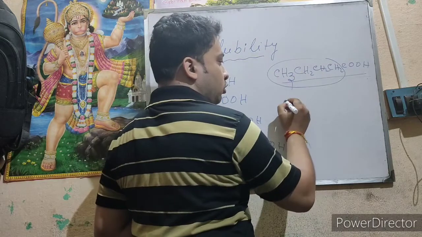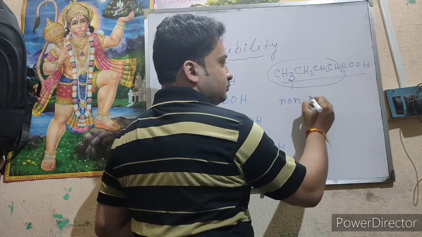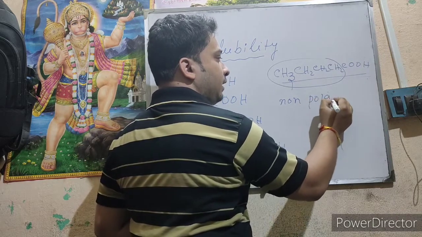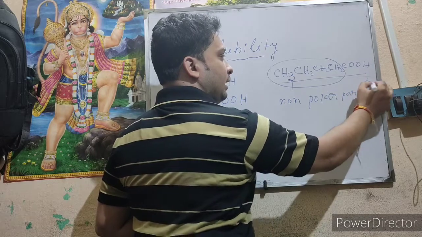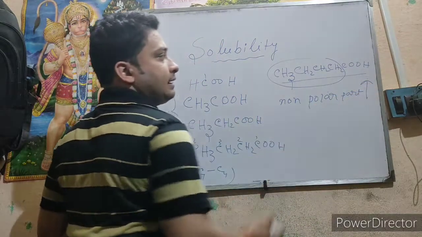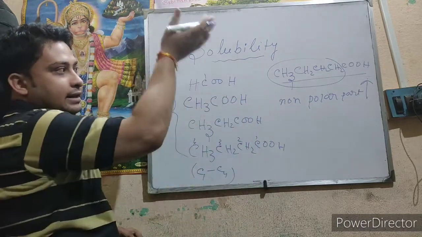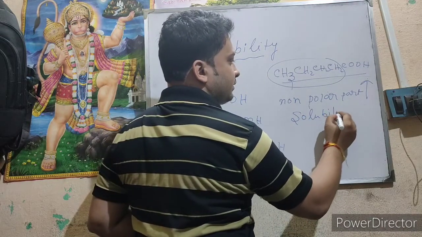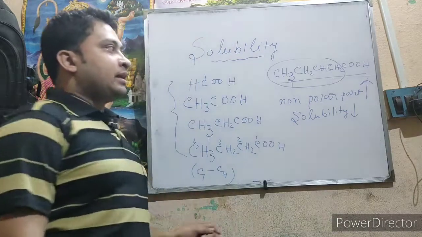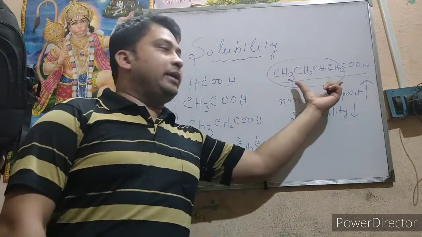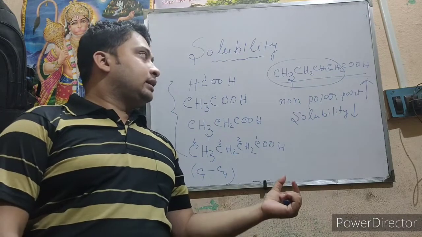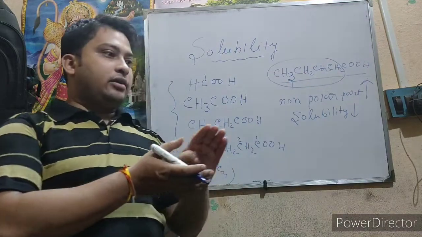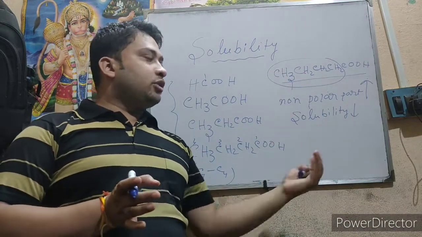When the non-polar part increases, solubility decreases. From pentanoic acid, the hydrocarbon part increases, and as the hydrocarbon part is large, it's insoluble in water.